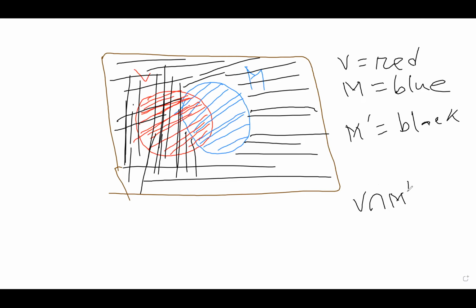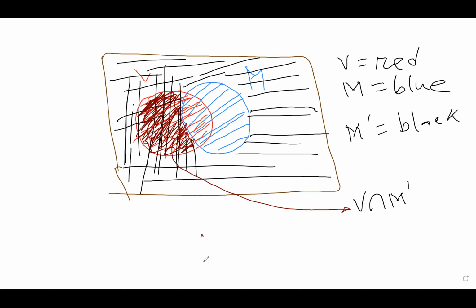That means the common part of the red and the black area, right? So we can shade the common part, which is this one. This is V intersection M complement.